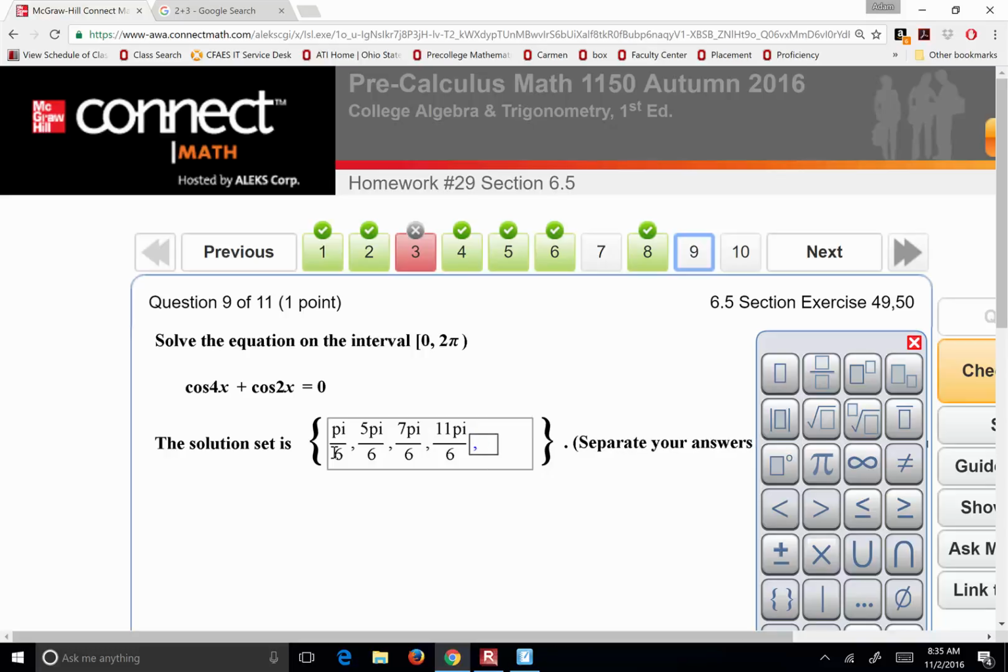And pi over 2, was it? And 3 pi over 2. Check.